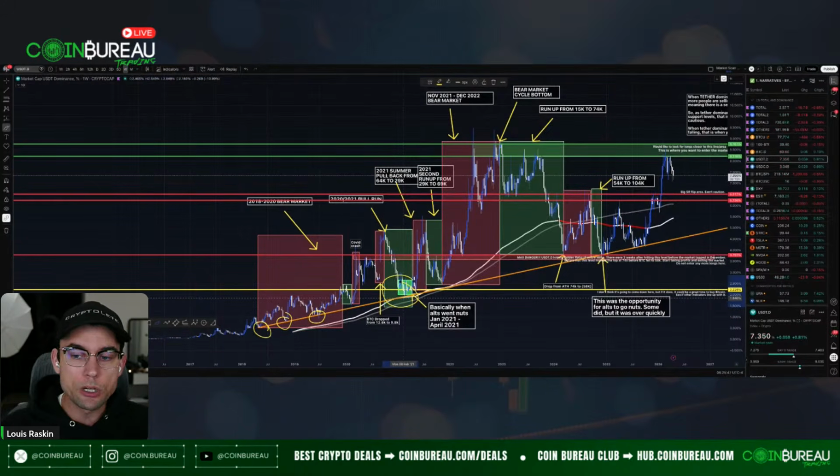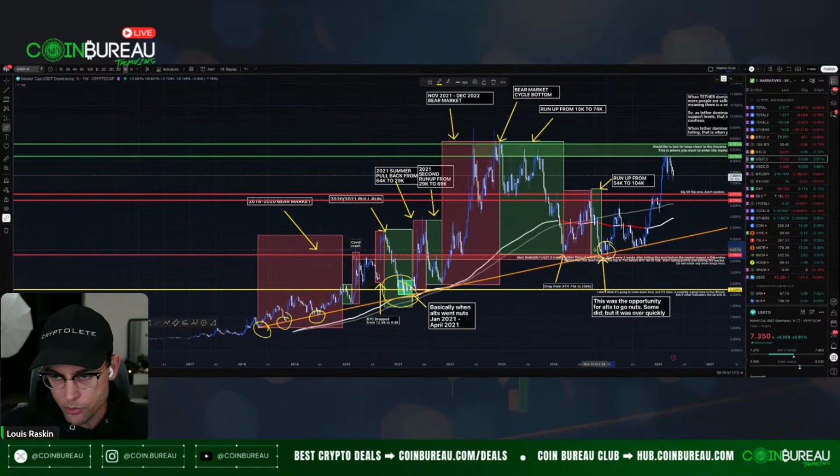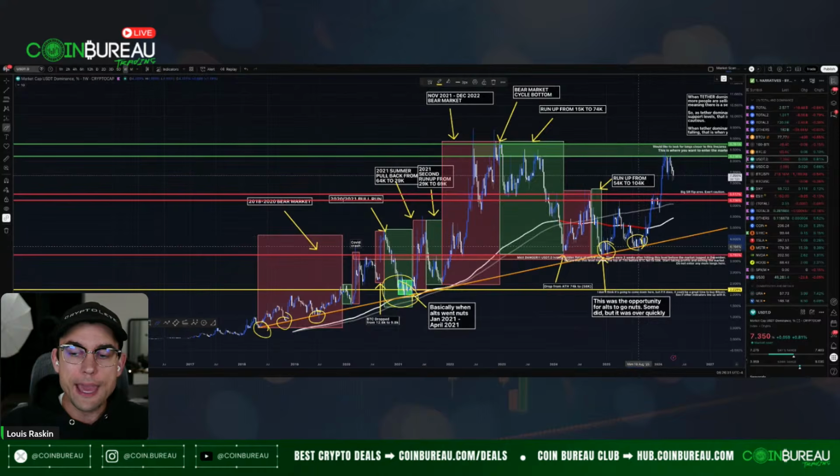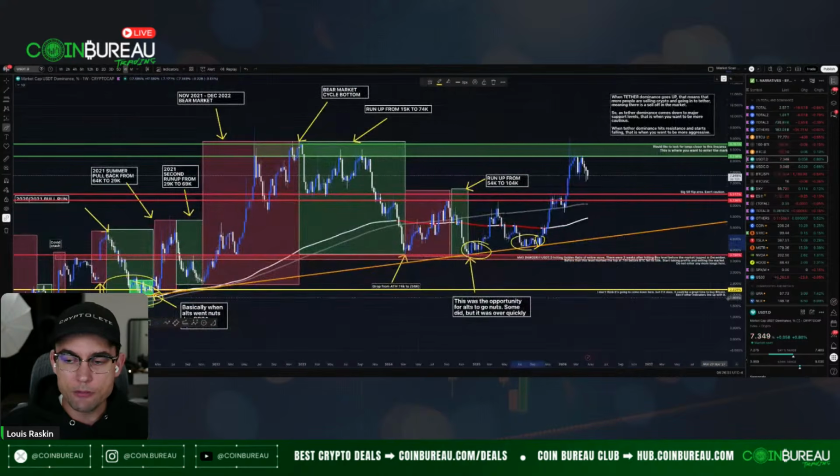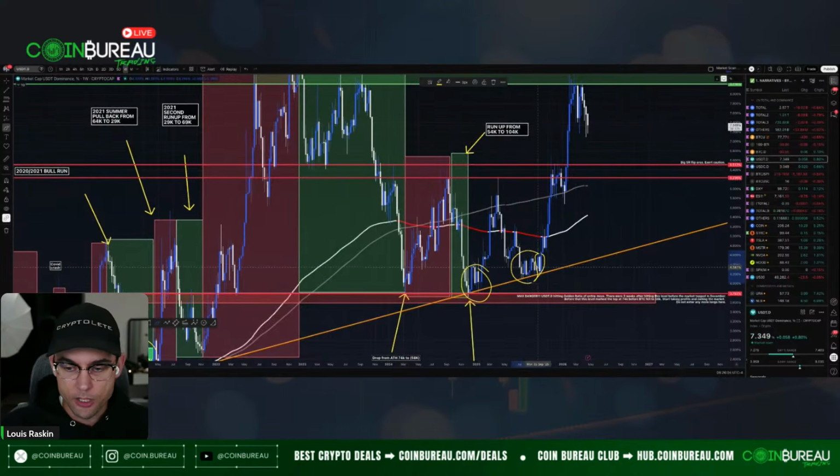So if we were going to have a bull market, I said in my analysis that we would have it at this orange line, basically right here, which was in late 2024, right? And we would have it right here. But we weren't really having it. Right here. And this was back in August, September, right?